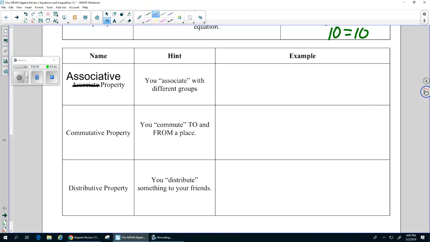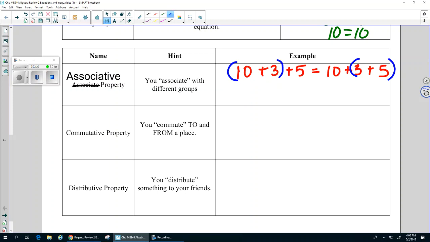So for example, let's have 10 plus 3 plus 5 is equal to 10 plus 3 plus 5. What the associative property says is, let's pretend you're the number 3. Today you're hanging out with 3. Today you associate with 10, but tomorrow you're going to associate with 5. So it's just you're grouping them differently.